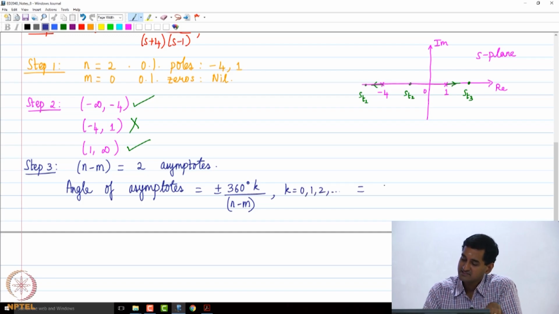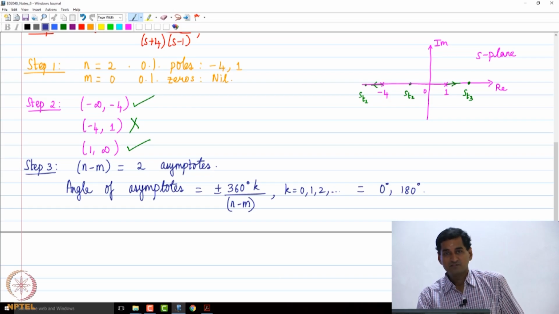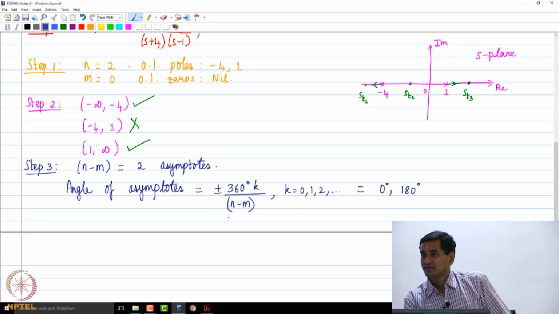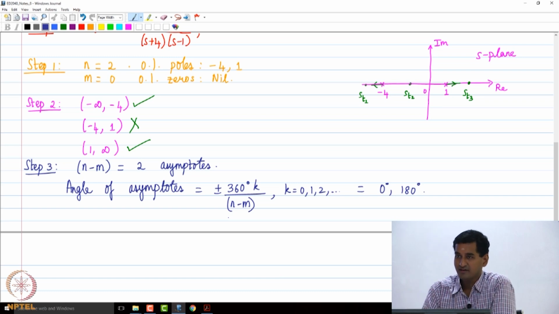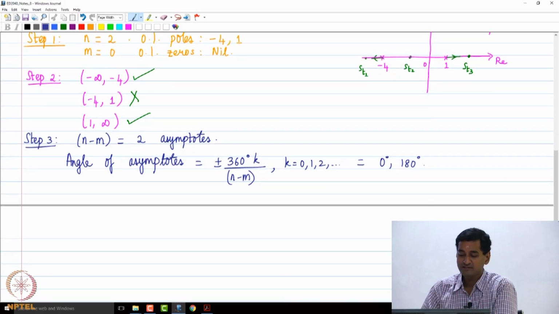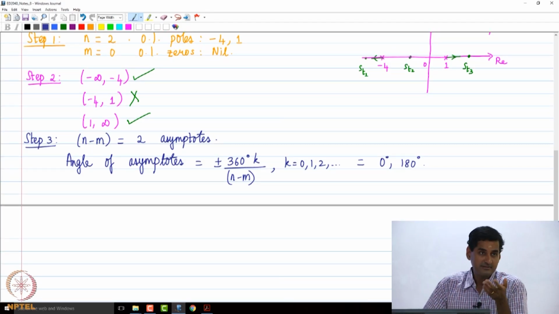In this case, since n minus m is 2, I can take it as 0 and 180 degrees. So you substitute n minus m equals 2, and you can write the solution as 0 degrees and 180 degrees. Those are the angles made by the asymptotes with the real axis.